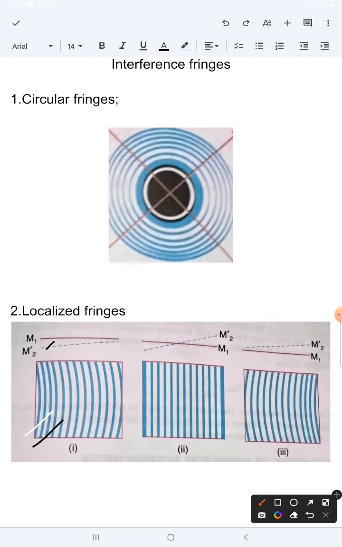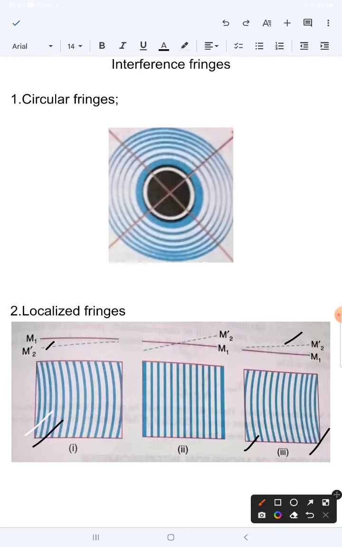And we have this third diagram when the virtual image of M2, which we denote with M2 dash, is above the mirror M1. Then we have the same semicircular fringes but turned towards the left side. So semicircular fringes are formed when the virtual image of M2 is either above or below the mirror M1.